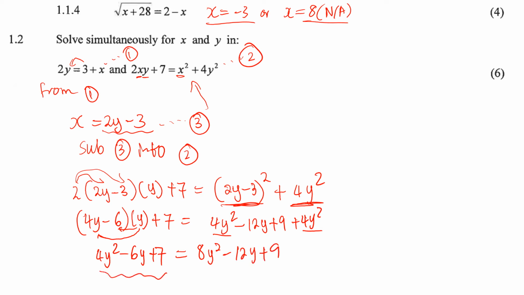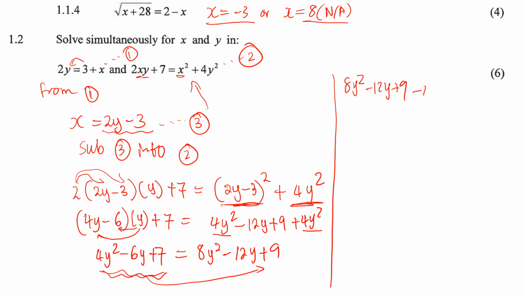We can just simply transpose this to the other side, or rather do it the other way around, but let's just transpose that part to the other side. So it's going to give us 8y squared minus 12y plus 9. We want to take that side to the other side, so the 4 is positive.